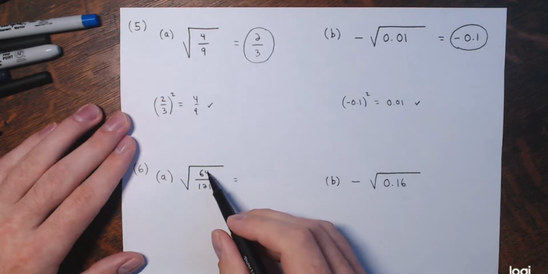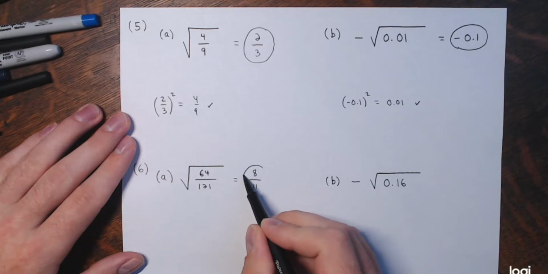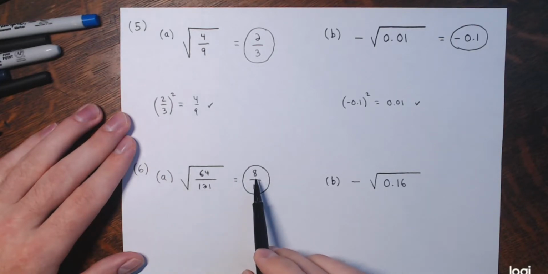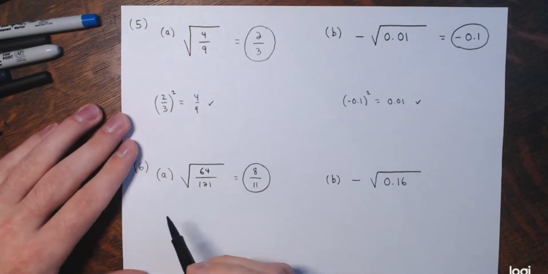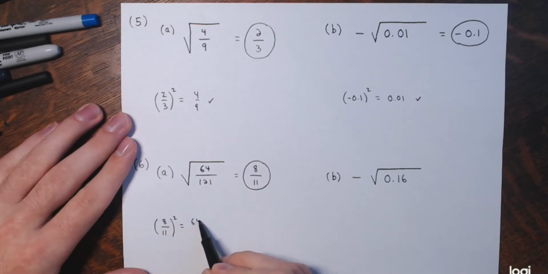The square root of 64 is 8. The positive square root of 121 is 11. So the positive square root of 64 121st is 8/11. And then once again, I'll check real quick. Take 8/11, raise it to the second power. That would indeed be the radicand, would indeed be 64 121st.